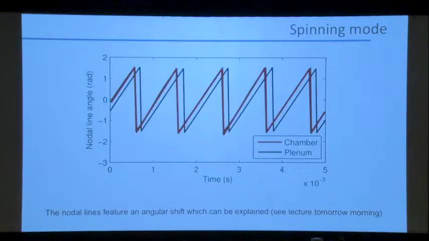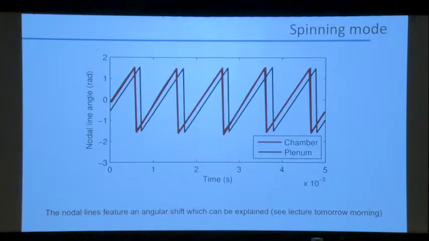So what we found, which is unusual, is that the nodal line under spinning configurations is not exactly at the same angle in the chamber and in the plenum. You would expect this to have the same nodal lines in the chamber and the plenum, but that's not quite true. You see that the phase are slightly different from the chamber and from the plenum.